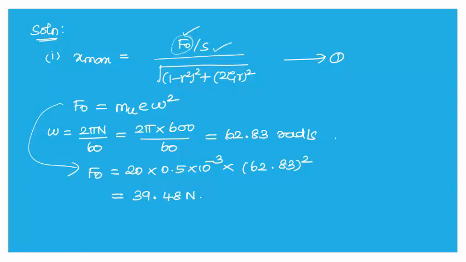Coming to the X max formula, now we have calculated the value of F naught. Stiffness value of the elastic structure is given in the problem. In the denominator, we have to calculate the value of r, that is frequency ratio. We know the value of zeta, the damping ratio, which is available in the problem statement. We have to calculate only the frequency ratio r, which is the ratio between omega and omega n.